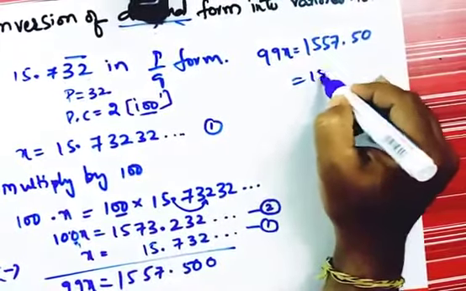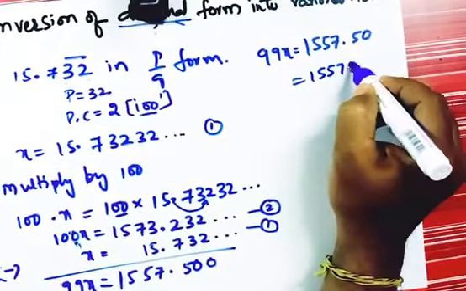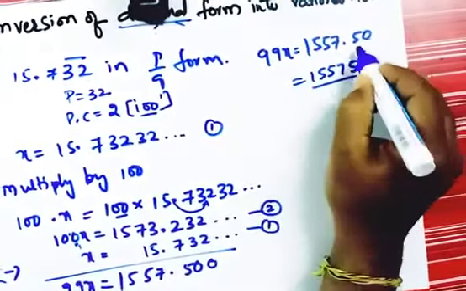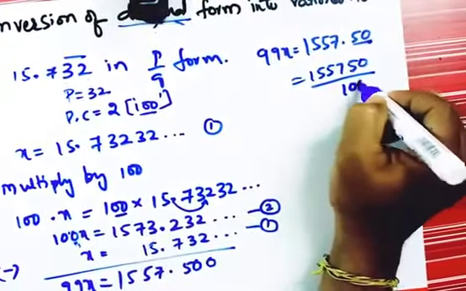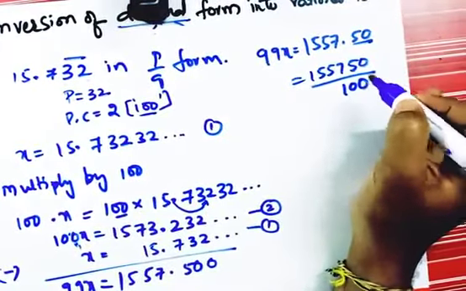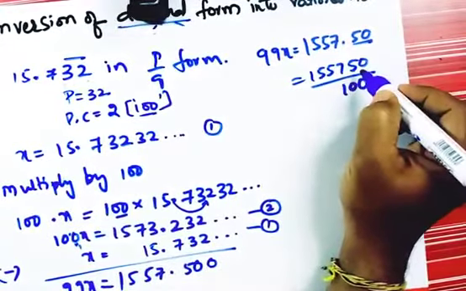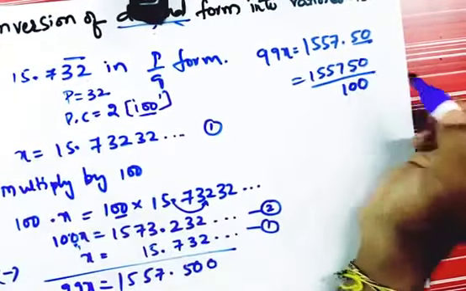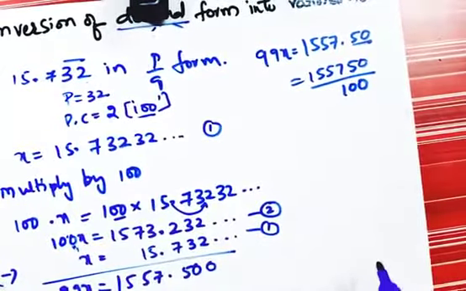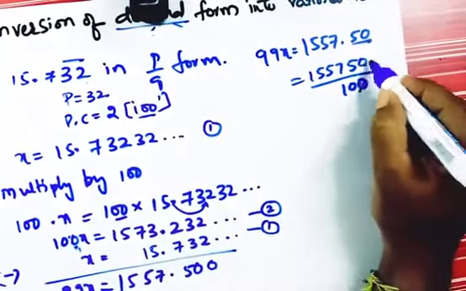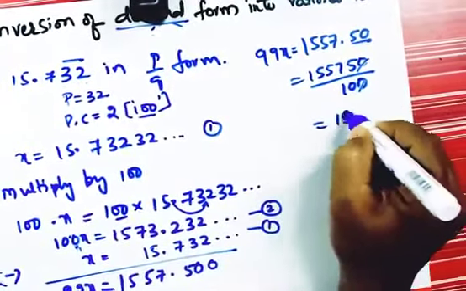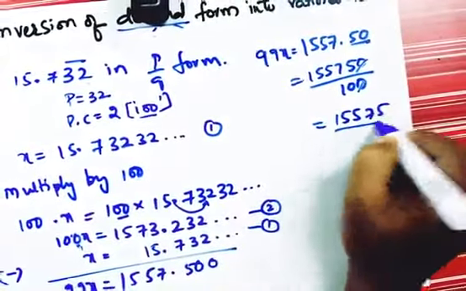So how do we write a terminating decimal as a rational number? You should write down all the digits, and after that you should write down 10 in the denominator. So you get 15575 by 10.